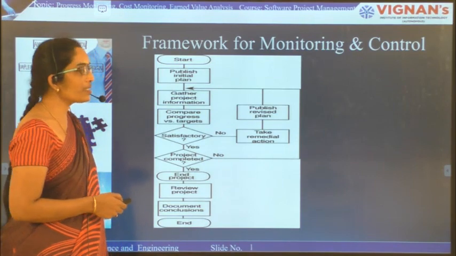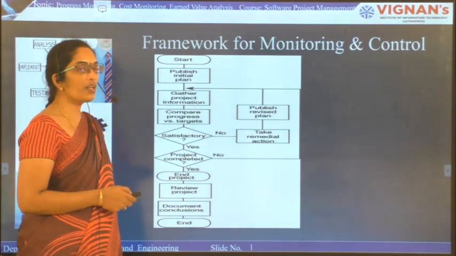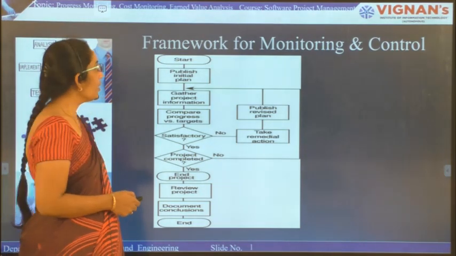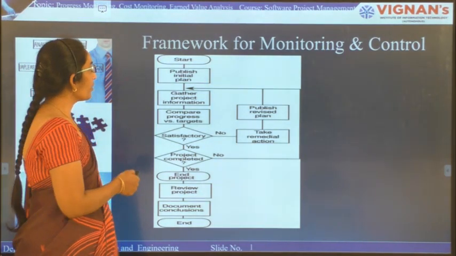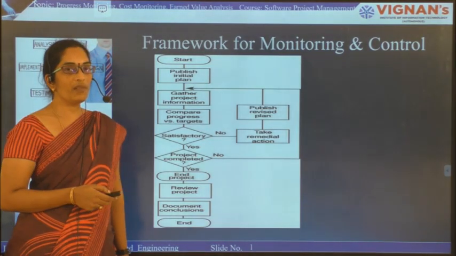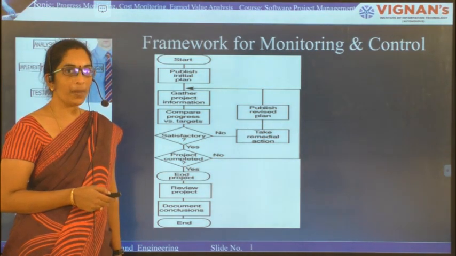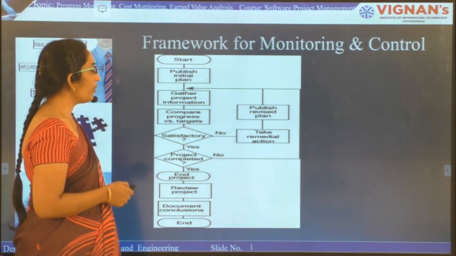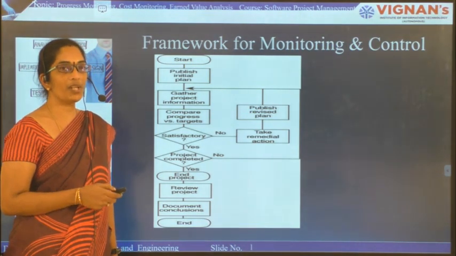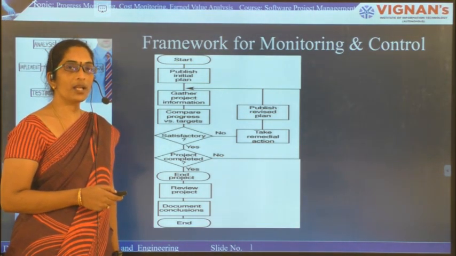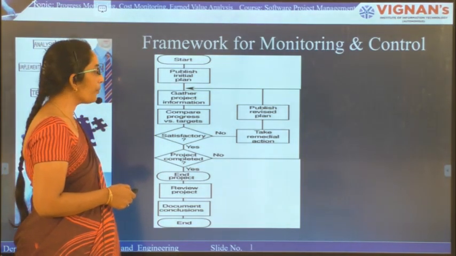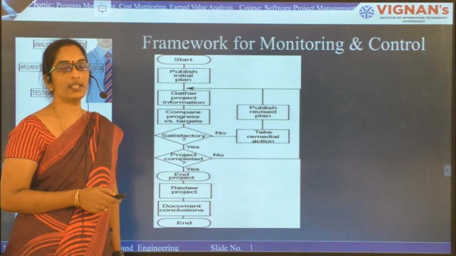So now let us see what is the framework for monitoring and control in project management. Let us start with the starting process, where we will be publishing the initial plan, and then we will gather the project information, that is, the requirements that are needed for doing the project, and we will compare the project progress versus the targets.